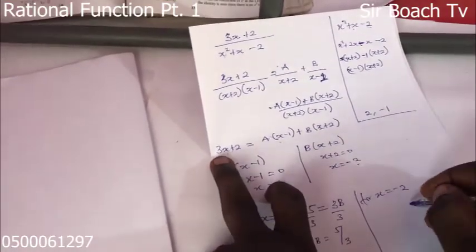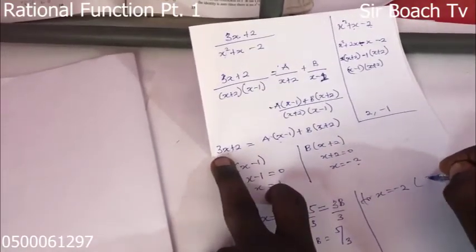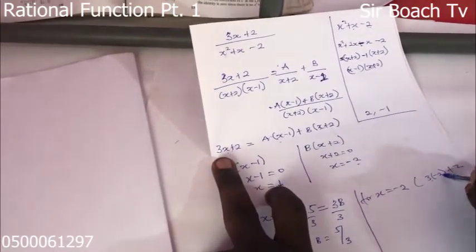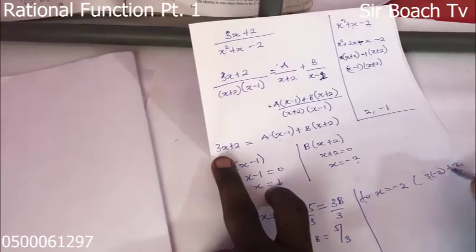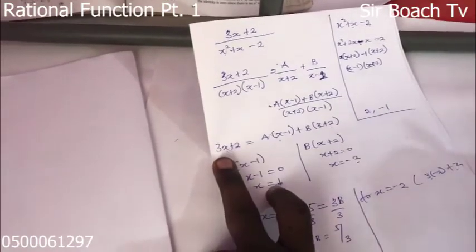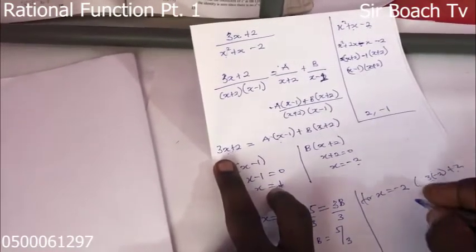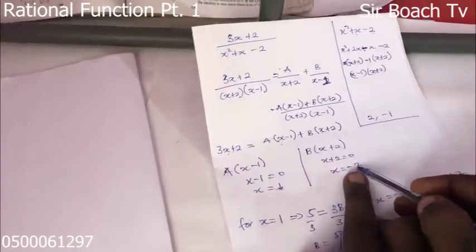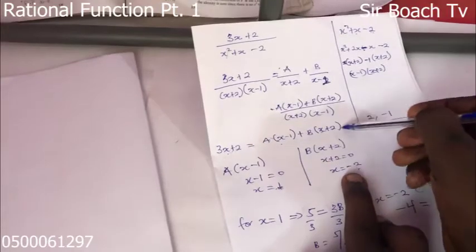So we are going to get 3 bracket minus 2 plus 2. So 3 times minus 2 is what? Minus 6, plus 2 is minus 4. Are we good? So we are going to get minus 4 equal to, now this 2 here is from this B.